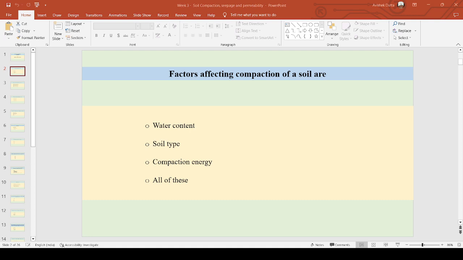What are the factors that affect compaction of a soil? Next question.